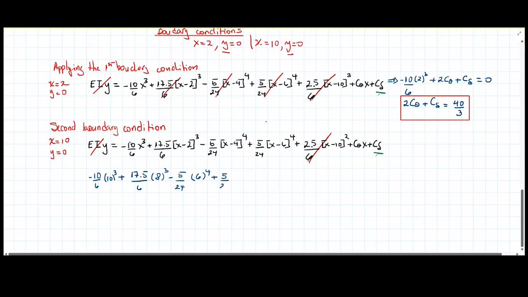And 10 minus 6 is going to give me 4, power of 4. And again, I'm going to have 10 c theta plus c sigma, and this is going to be equal to 0.